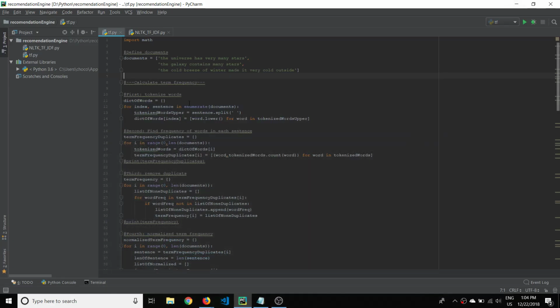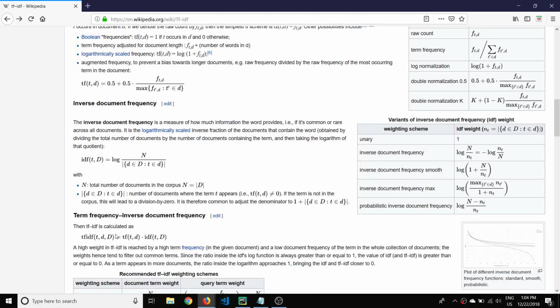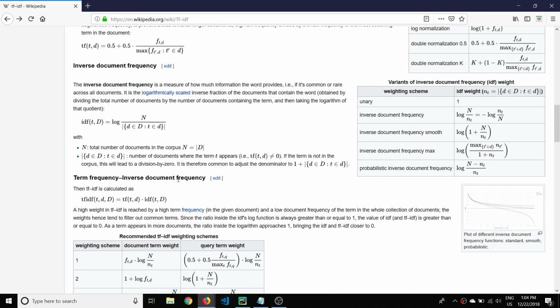So "the" appears in all of these documents, so it would be 3 documents divided by 3, I believe. But then it's not simply just that. Usually you also have to take the log, and we'll also do that. And then once you've got those 2 numbers, you just multiply them together, and that's your term frequency inverse document frequency.